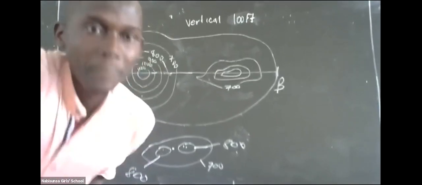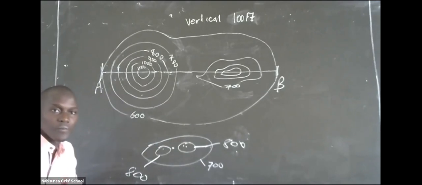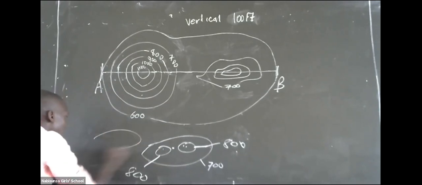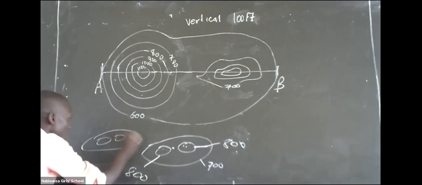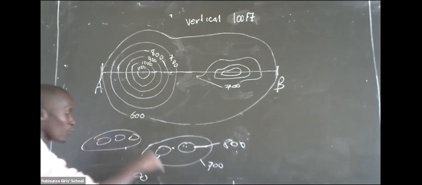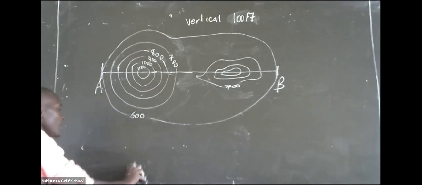Yes. Am I clear? People, when we understand this language, just know you are going to enjoy cross-section. When I find the contours are like this, inside each other, automatically I just go to the contour interval. So the contour interval is too important.